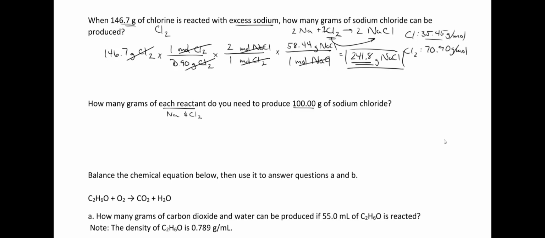And we're going to be doing this backwards. So we're saying now, I want to make 100 grams. How much of each reactant do I need here? So let's start off with the sodium. So I have 100 grams of sodium chloride. And we've already seen that 58.44 grams of sodium chloride is a mole of sodium chloride.